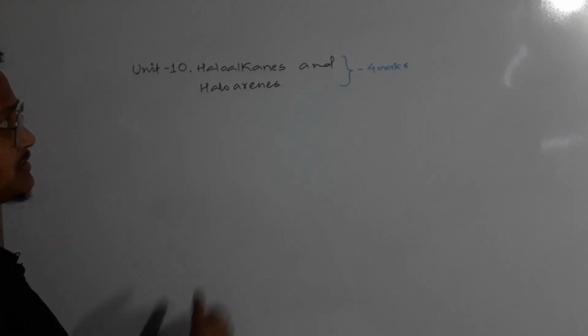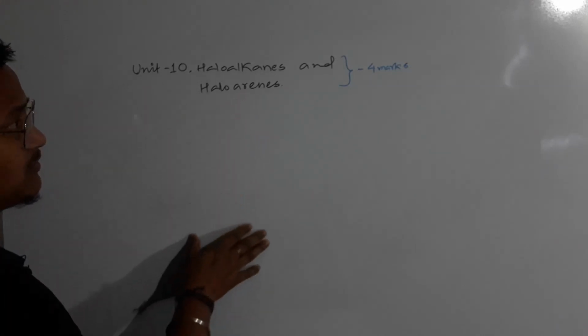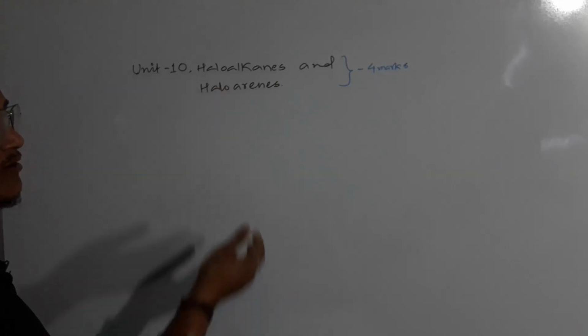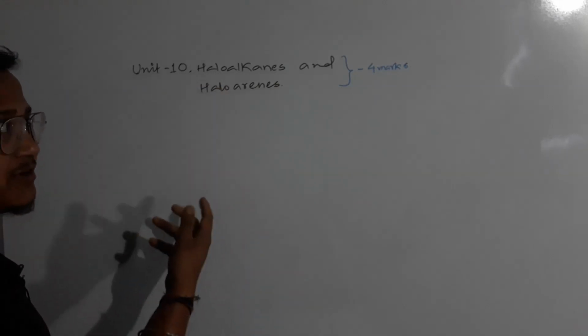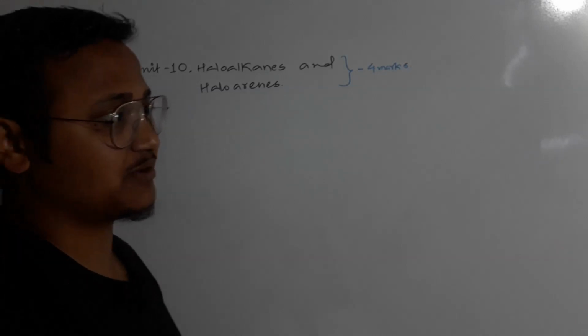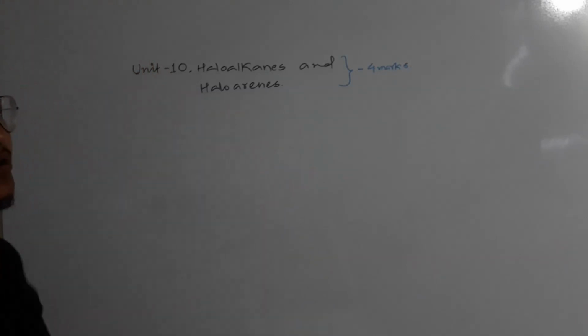Students, why have I started this particular unit first? Because this is organic chemistry, part 2 of the NCERT book, the first unit. This unit has numbers of reactions, reaction mechanisms, and examples, so we can get enough time to practice.